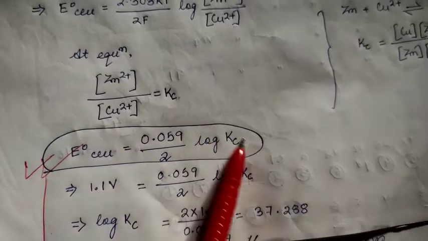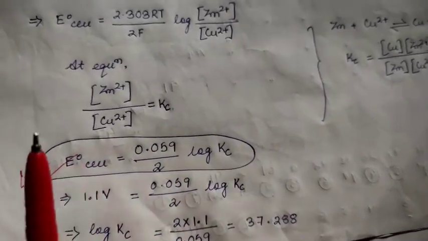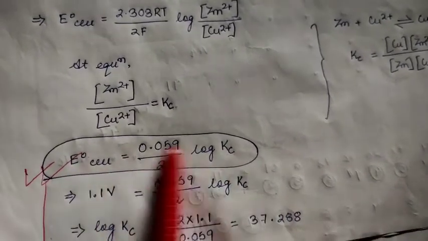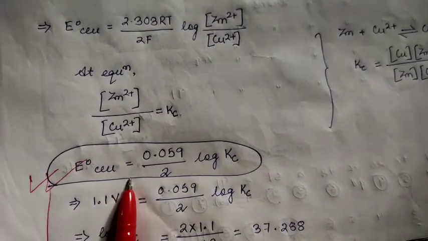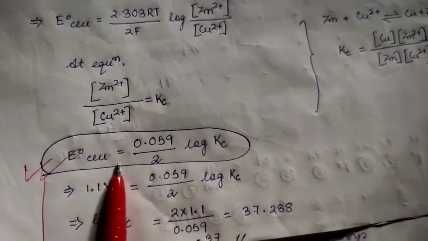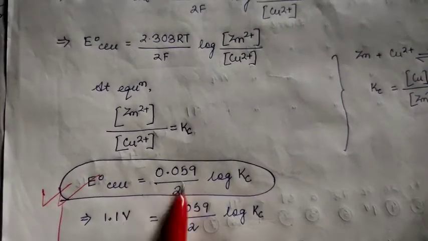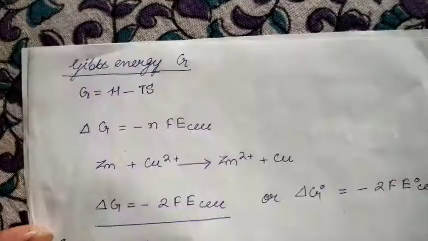This is a generalized equation and you can use it for any cell only after the cell has attained equilibrium, only after one of the electrodes is over. When that electrode gets over, it will attain equilibrium and you can use this formula.